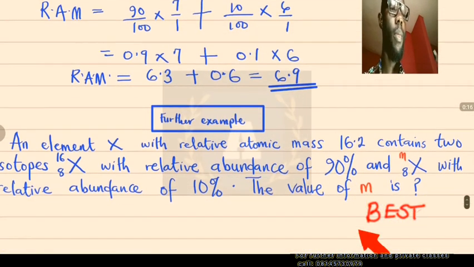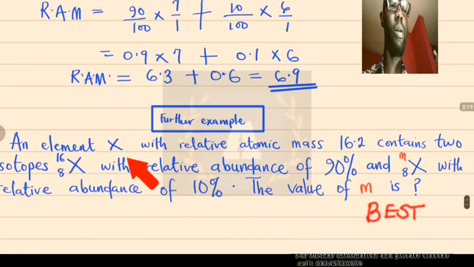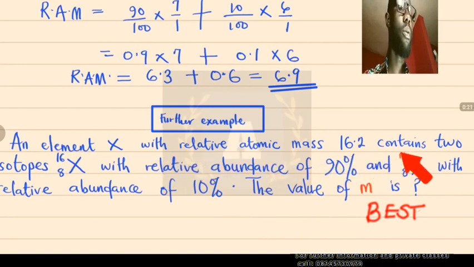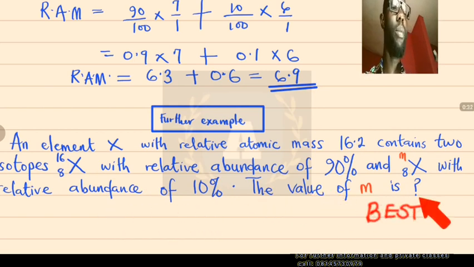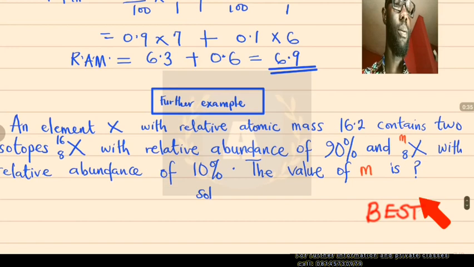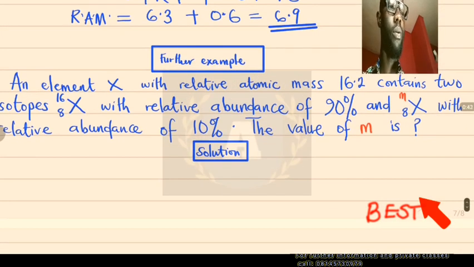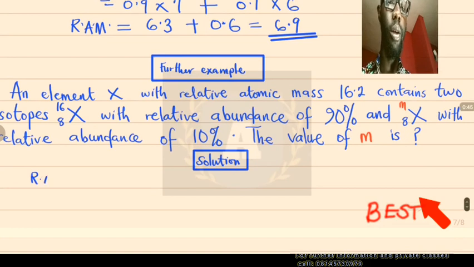Now here we have another question which says an element X with relative atomic mass 16.2 contains two isotopes, X16,8 with relative abundance of 90% and XM,8 with relative abundance of 10%. The value of M is, so now solution to that question. So how do we solve that? Here we are already given the relative atomic mass and it has been measured to be 16.2.